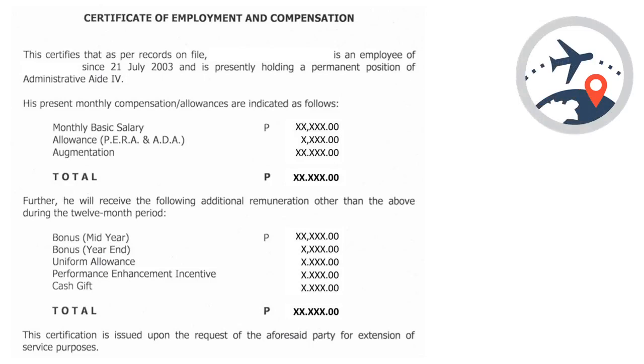For the non-monetary benefits, sometimes the government employees are given opportunities to train abroad. So this is an opportunity to go to other places outside of the Philippines or even within the Philippines.